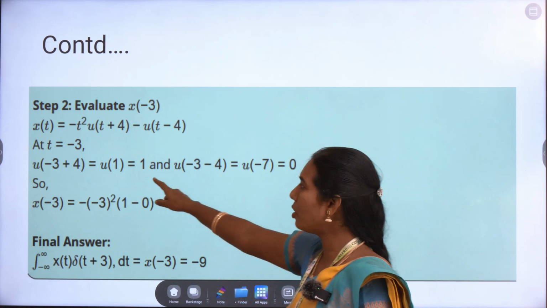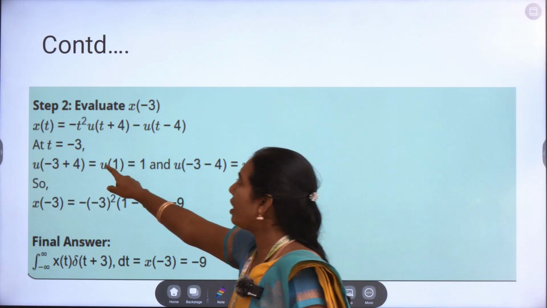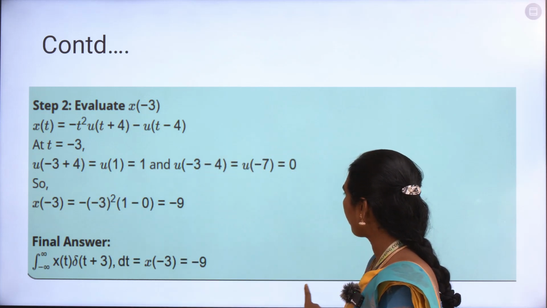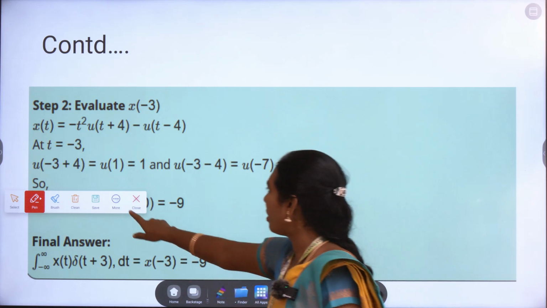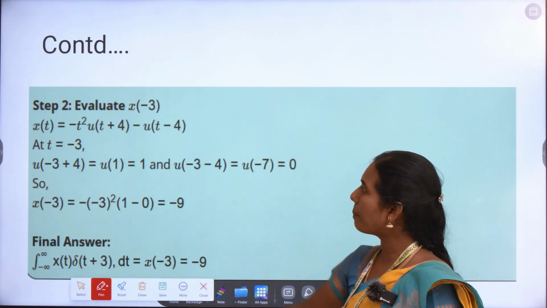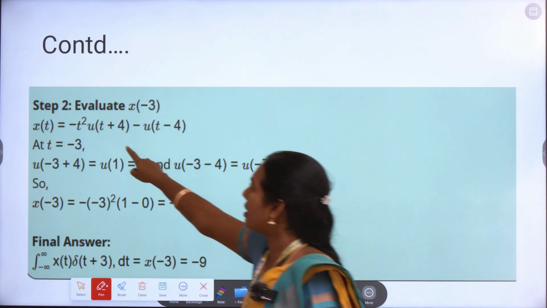So in the second step, we need to substitute t equal to minus 3 in this expression.